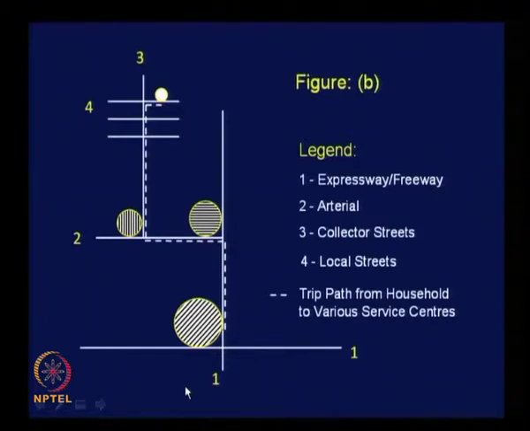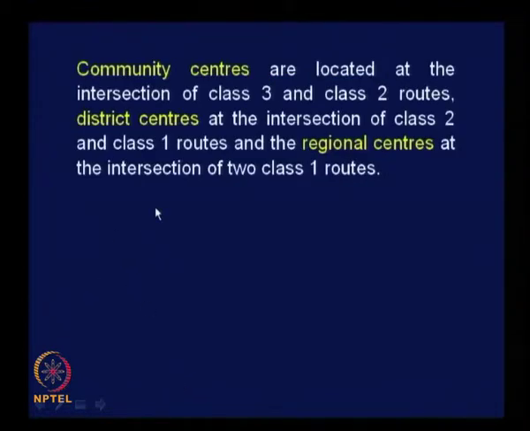Let us just understand the same points in a systematic way. The community centers are located at the intersection of class 3 and class 2 routes, right. District centers at the intersection of class 2 and class 1 routes, and the regional centers at the intersection of 2 class 1 routes.